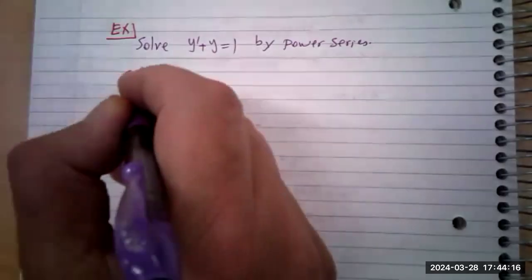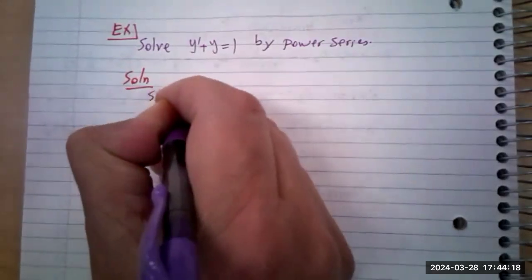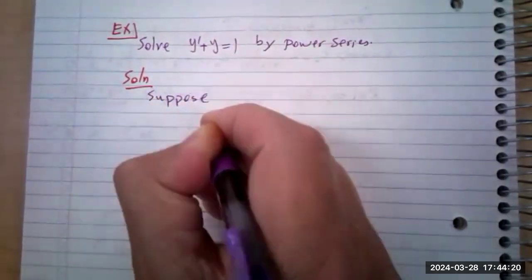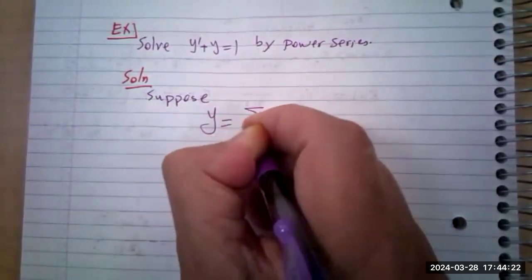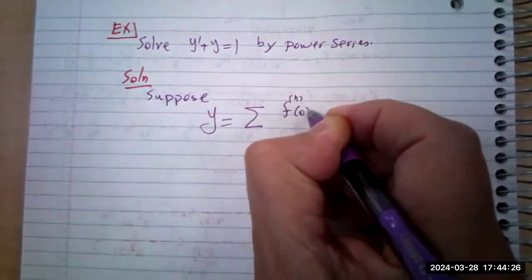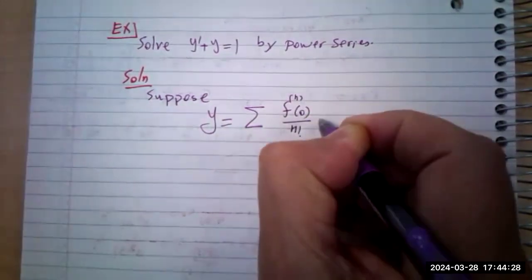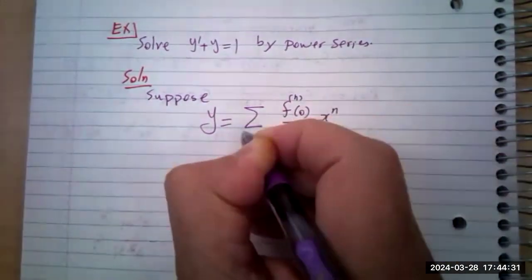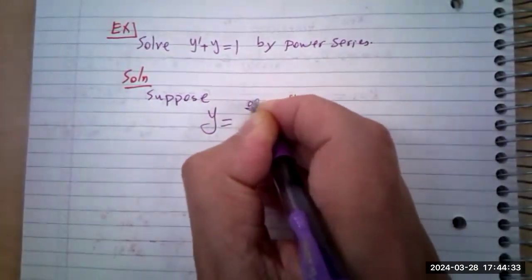Suppose y equals the Maclaurin series, the sum of the nth derivative of y at 0 over n factorial times x to the n, from 0 to infinity.